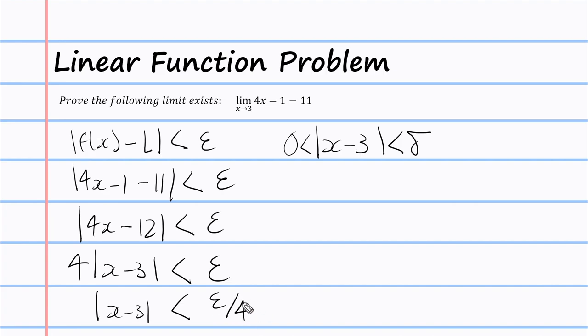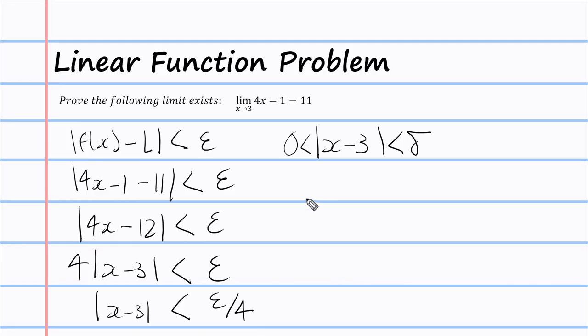So now we can set epsilon divided by 4 as our delta, since we know that the absolute value of x minus 3 has to be less than epsilon divided by 4 for this condition to be true, for the absolute value of f(x) minus L to be less than epsilon.